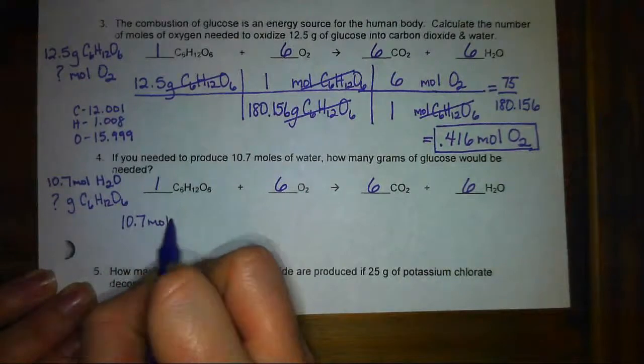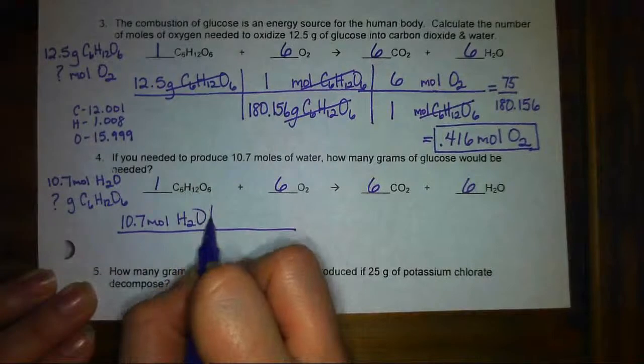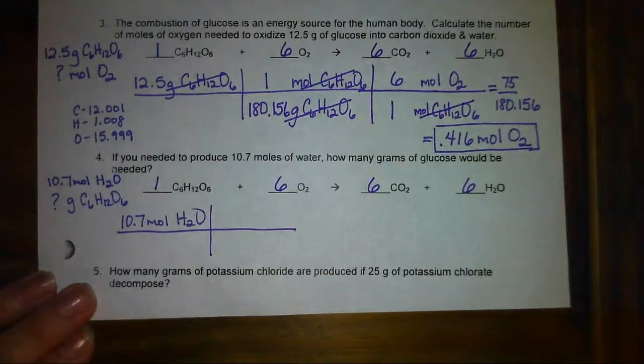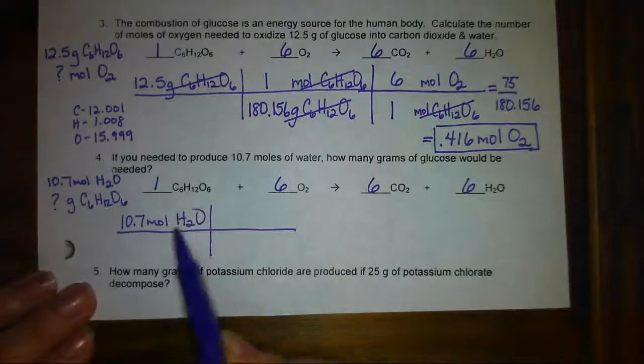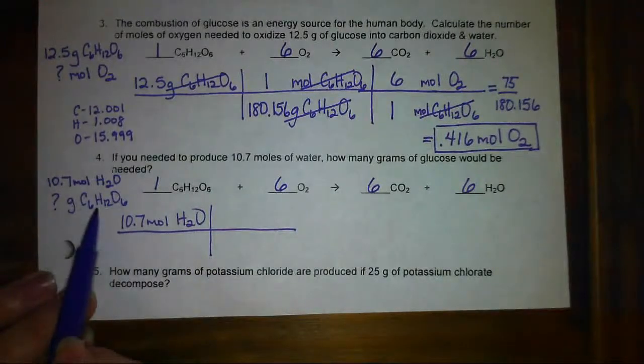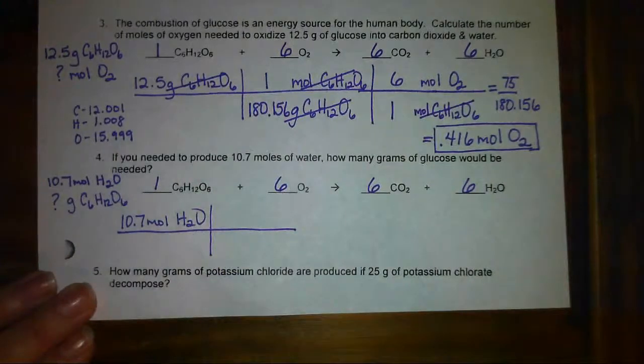10.7 moles of water. Draw my horizontal line, draw my vertical line. Now I'm thinking to myself, if I'm starting with moles of water, how can I eventually get to grams of glucose? Well, first I need to go from moles of water to moles of glucose.